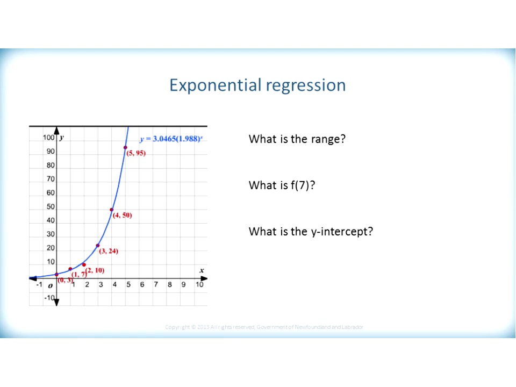If we look at this example right here, we have an exponential regression. Here's the equation that best defines the data, and we have a curve of best fit. What is the range? As with all exponential functions, the range is y is greater than 0, or y belongs to a set of reals. What is f of 7?